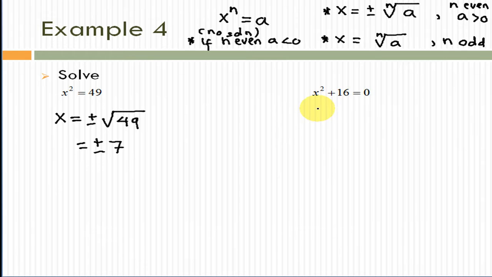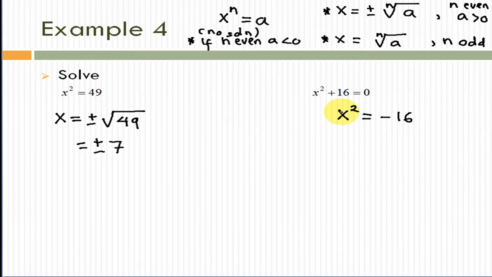Okay, let's look at this equation. In order to solve it, we would like to transform it into that type. So we don't want this 16 on the left hand side. We should move it to the other side. So we have x squared equals negative 16.